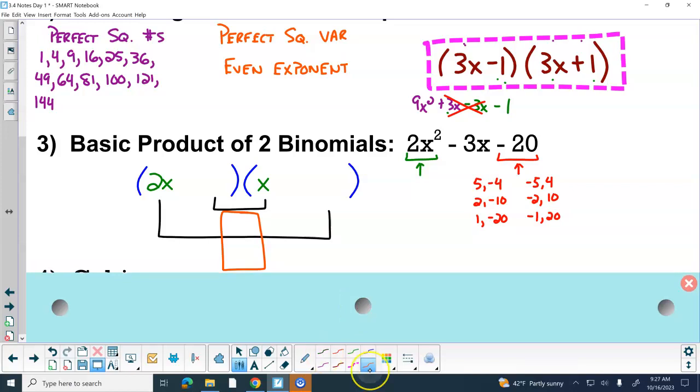Those 2 get added together to give me negative 3x. For lack of a better way of saying it, okay? Two numbers that are closest to one another. Okay? So I'm going to start here with positive 4 and negative 5.